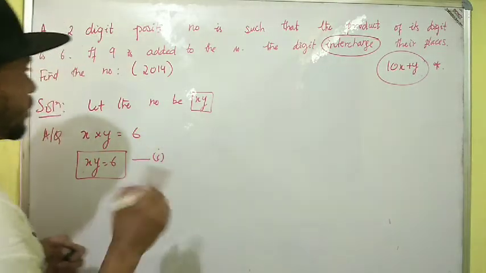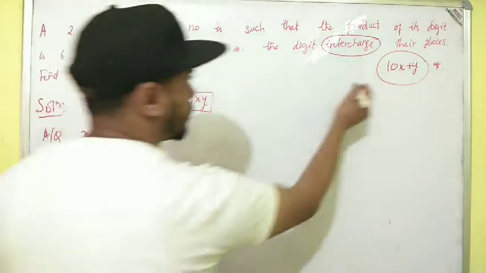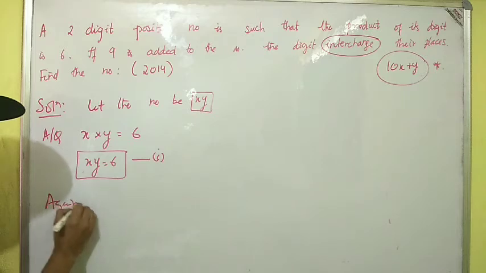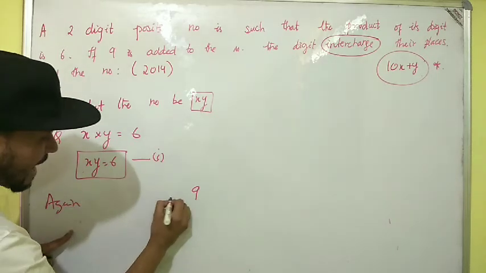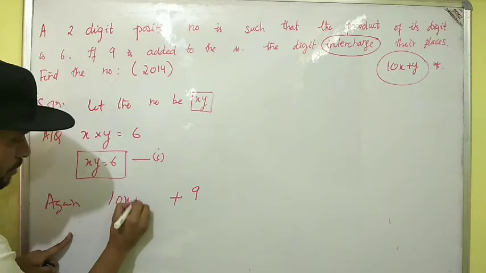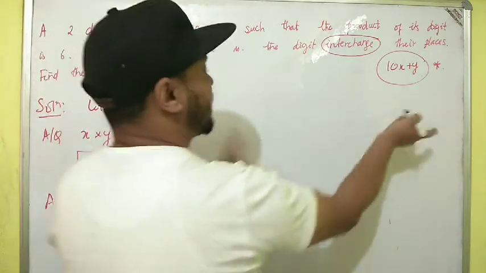Now it is given that if 9 is added to the number, so we have to take this as a number. If 9 is added to the number, so the number is 10x plus y. So this is the pattern, keep this in mind. Then the number interchanges.